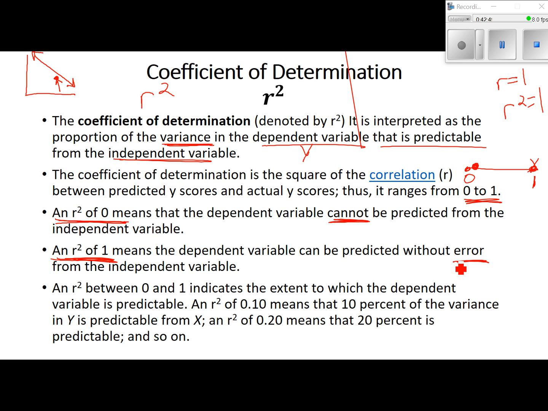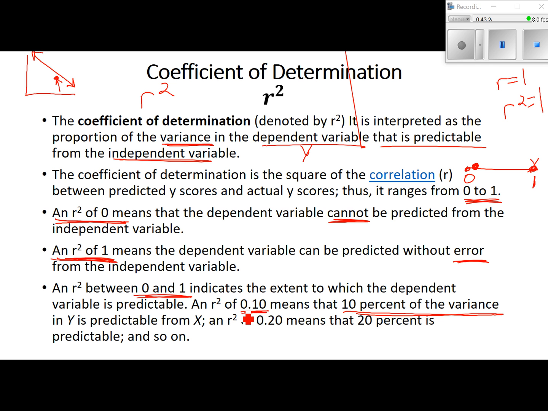When R squared is between 0 and 1, that's what's going to happen most of the time. R squared is telling you that, whatever the number is, so if R squared comes out to be 0.1, then 10% of the variation in the Y is predictable, or we can explain 10% of that variation.